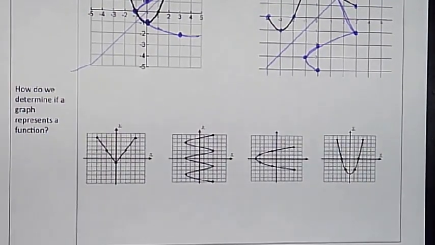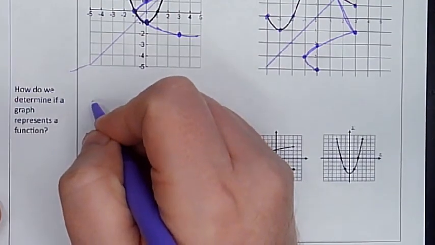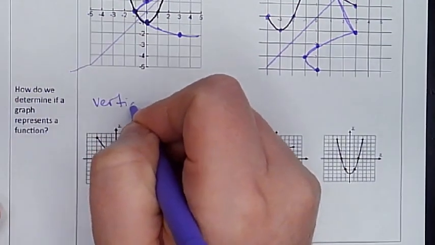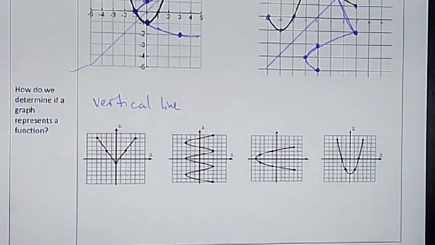So one of the ways that we do this is to use what is known as the vertical line test. The vertical line test says that if it's possible to draw a vertical line that crosses the graph in more than one point, then the graph is not a function.